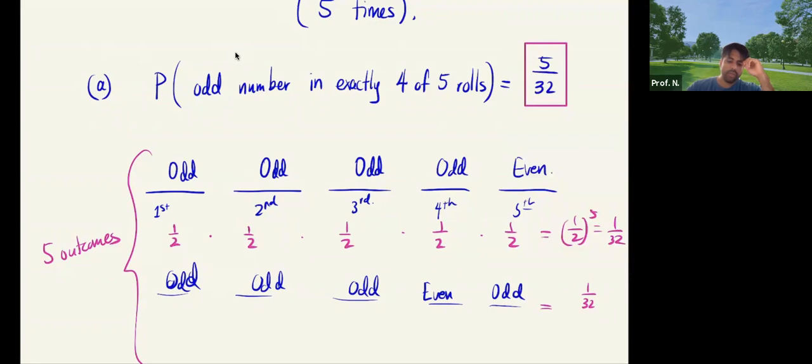Aren't you? You're looking for the probability of getting an odd number on exactly 4 of the 5 rolls.